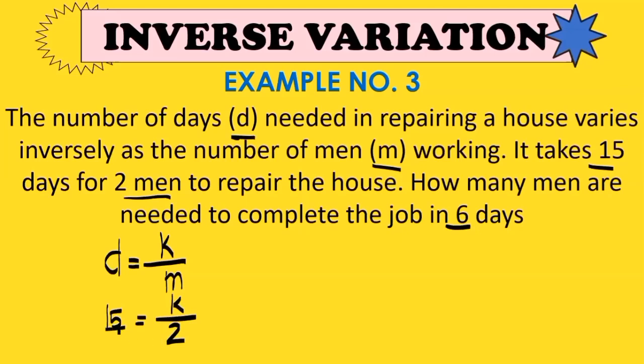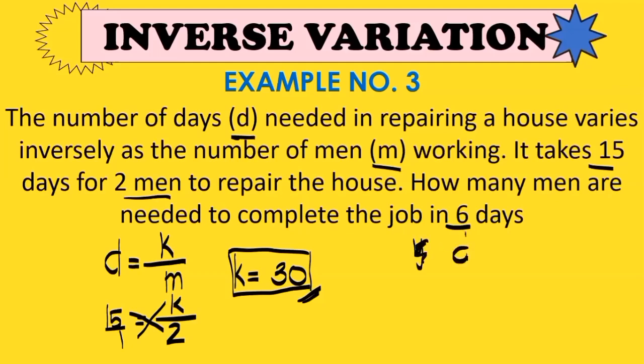To solve for the constant of variation, cross multiply, the value of k is 30. Let's box that. You should emphasize the value of k. Now that we have k is 30, the equation now is d equals 30 over m.